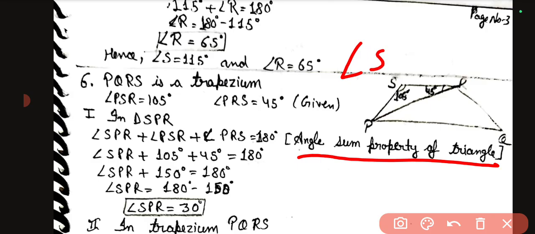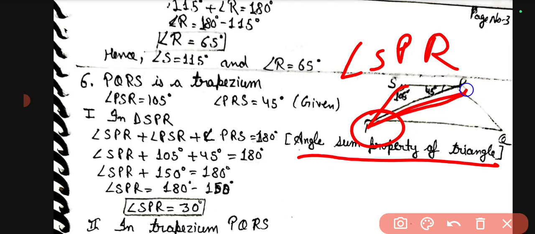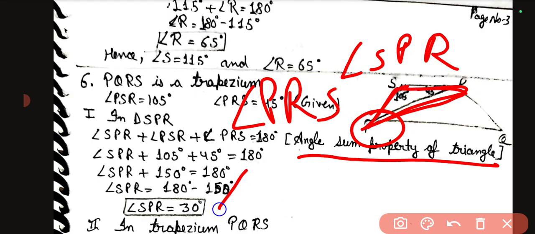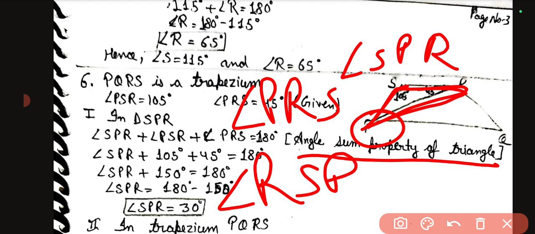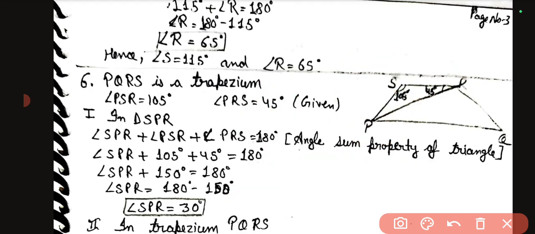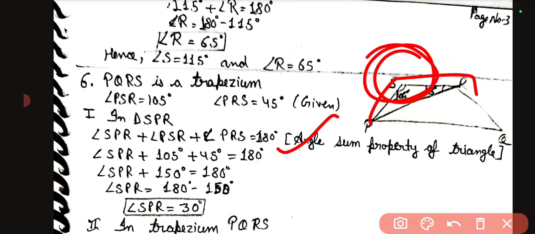Angle SPR, angle PRS, and angle RSP. The sum of all three angles is equal to 180 degrees. What is SPR? We don't know the value. What is the value of PSR? 105.